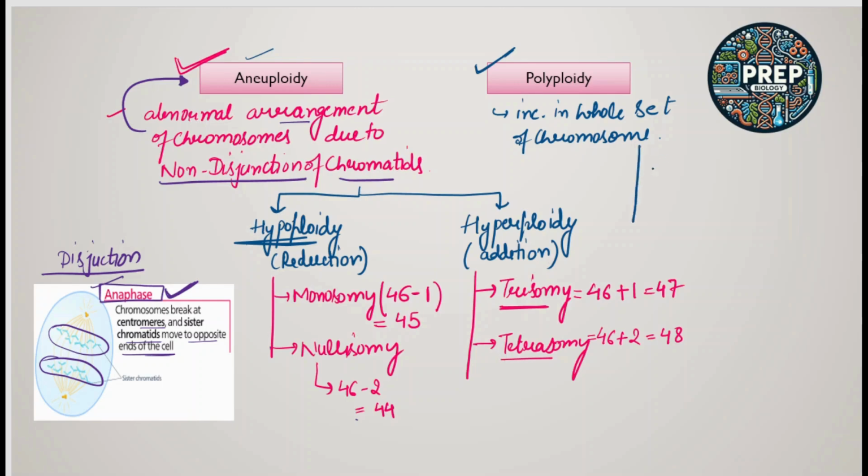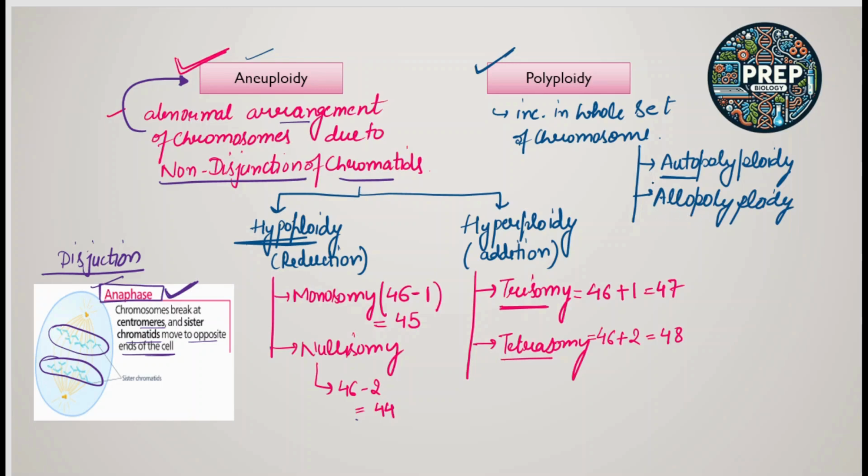It is also divided into two categories: autopolyploidy and allopolyploidy. Auto means self: doubling of the same chromosomal set takes place within the organism. So in one organism itself, the whole set of chromosomes is added, that is autopolyploidy.